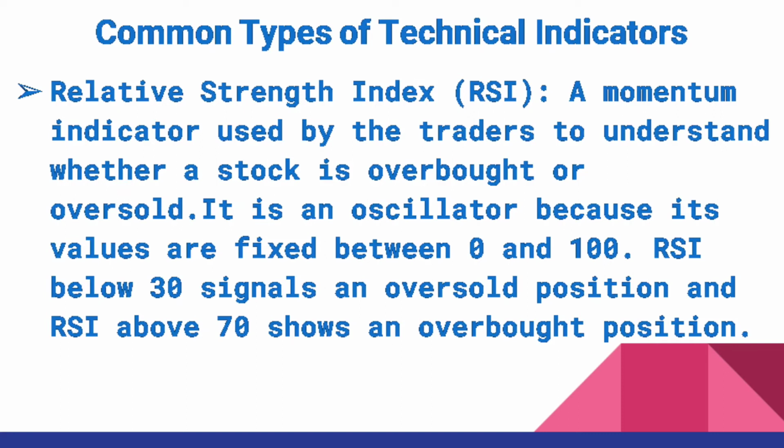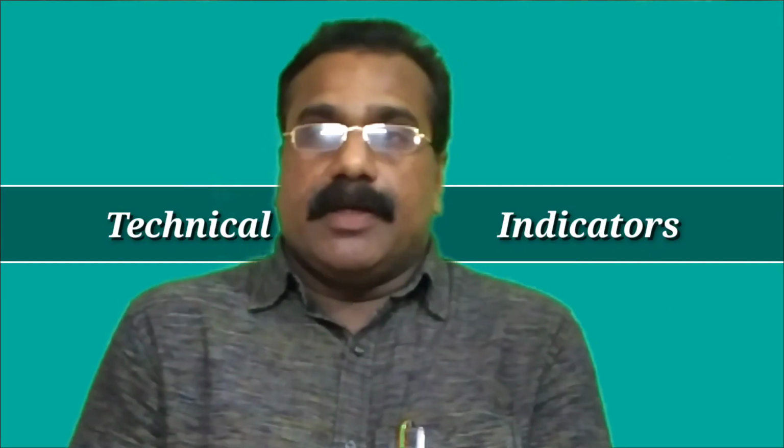The index measures the velocity or pace or the magnitude of price movements of a security. RSI compares the magnitude of average gains and average losses of a security for drawing inferences about its strength and weaknesses over a predetermined time period.